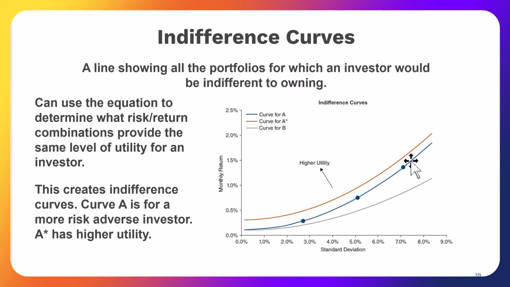That's this blue one right here with the dots, right? Now curve B is for a person that is less risk tolerant. So we want to move up here into the northwest corner because that implies higher return, which is where we get some of our benefit from.